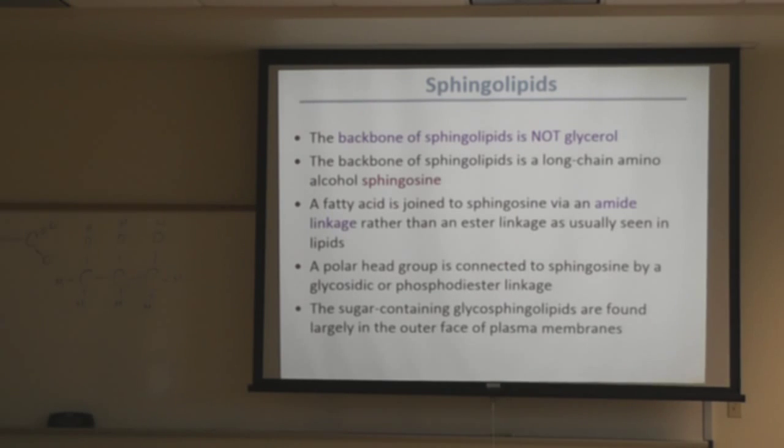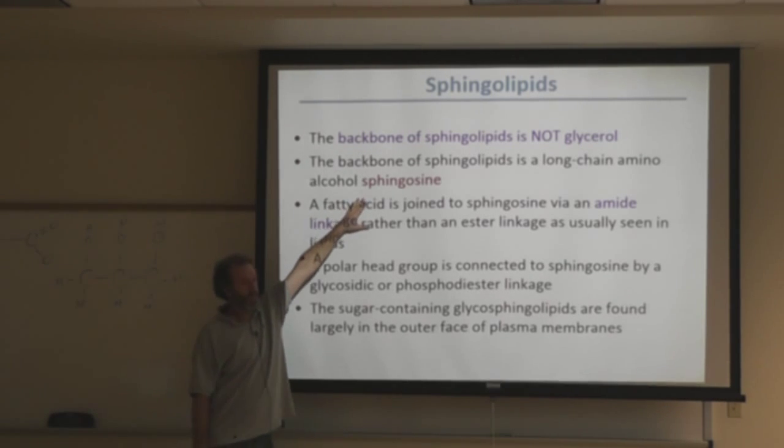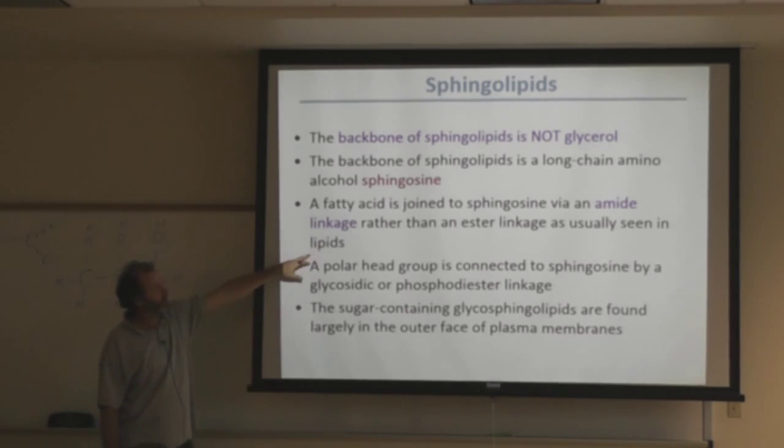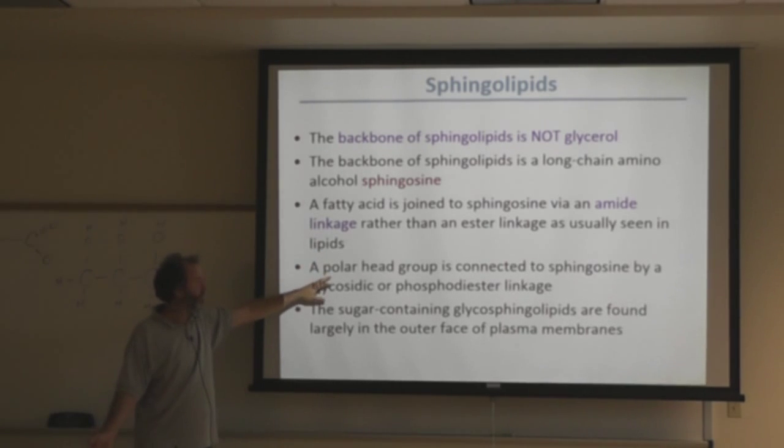So sphingolipids are a different type of phospholipid, so rather than having glycerol as the backbone, we have sphingosine. It's a long-chain amino alcohol. And a fatty acid is joined to the sphingosine via an amide linkage rather than an ester linkage, usually seen in other lipids.